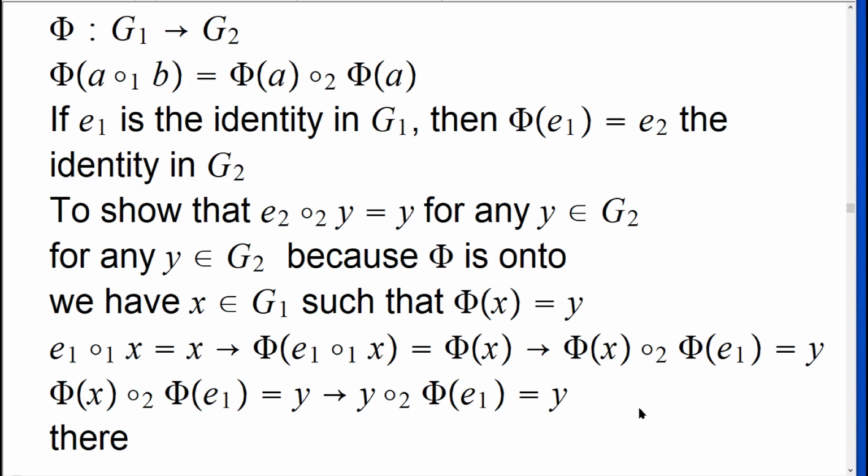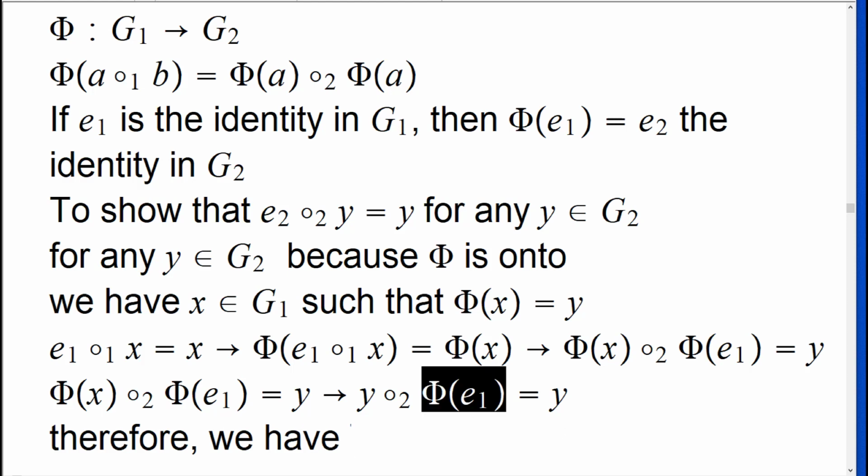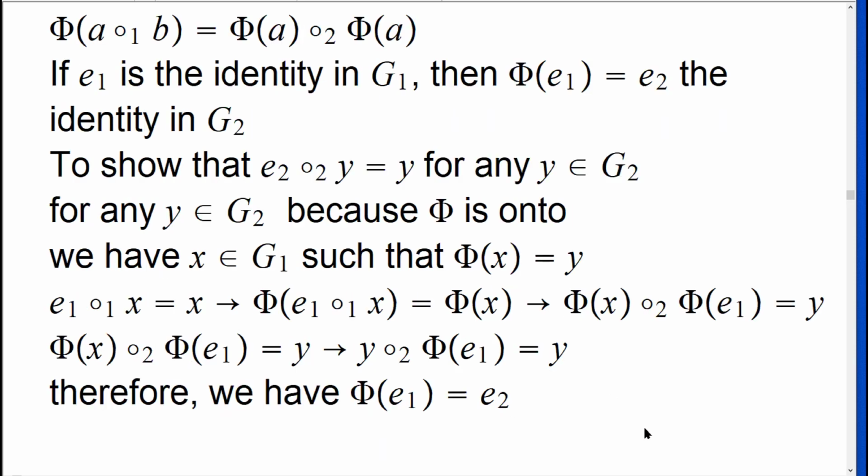So therefore we have this element equal to the identity in group 2. So an isomorphism will carry identity to identity.